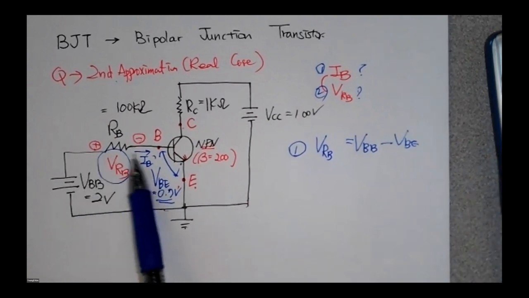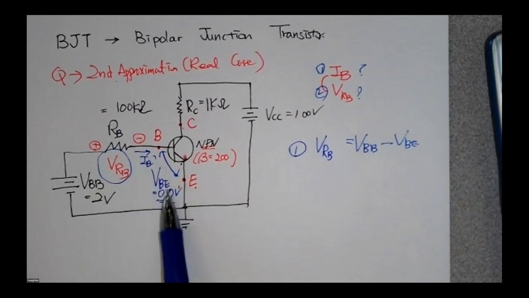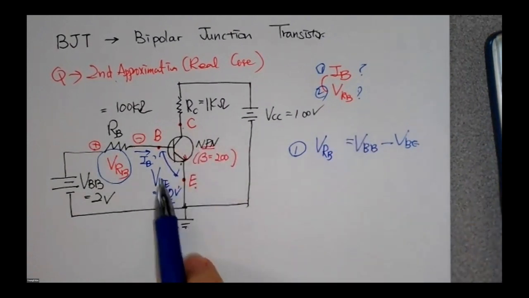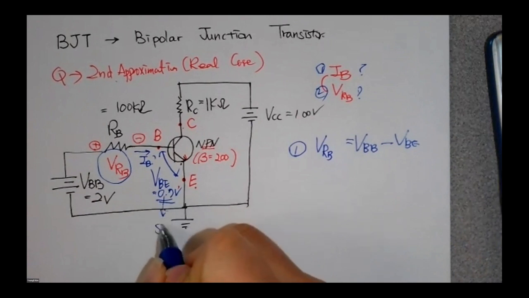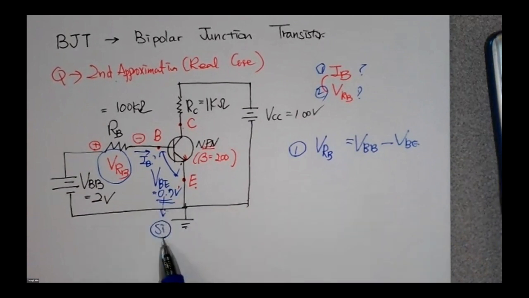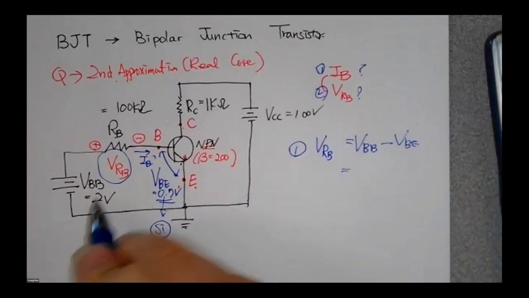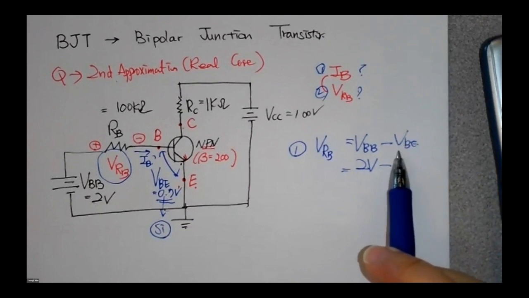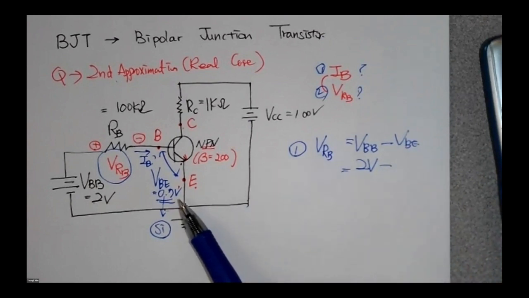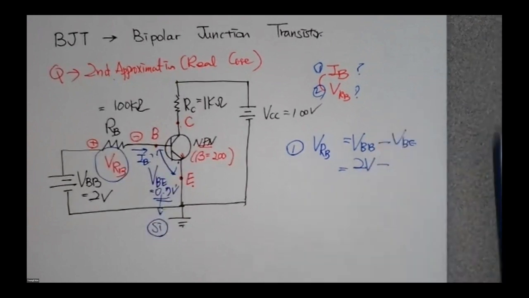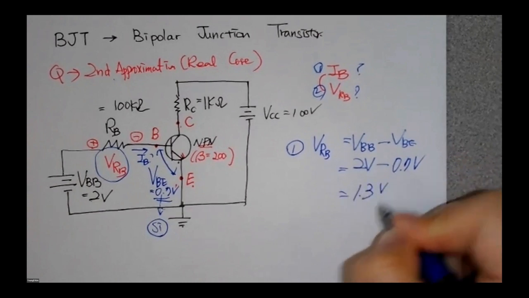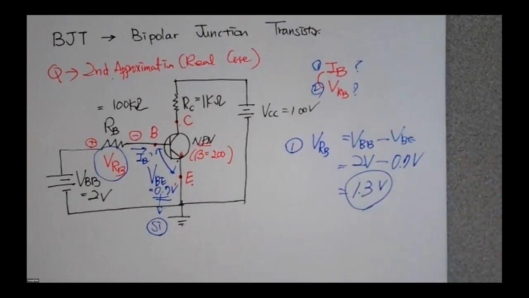Because that looks like a closed loop circuit. This is my diode, this is a silicon diode, you remember? So the V sub BB, the 2 volts, minus V sub BE, which is 0.7 volt, gives 1.3 volt.